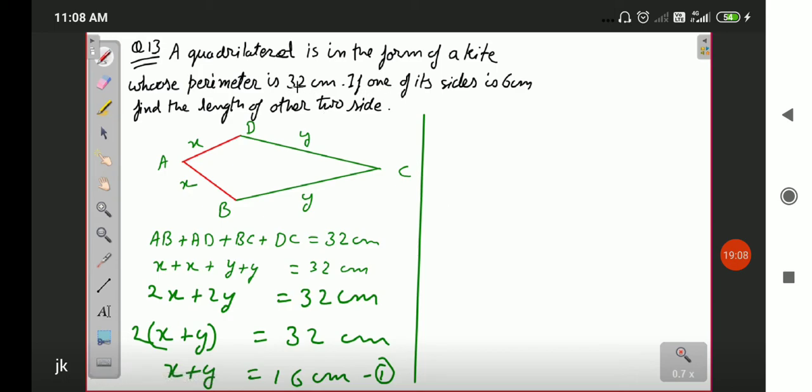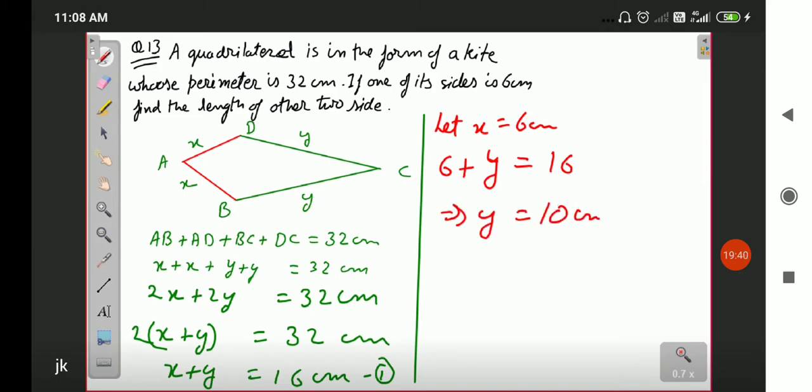Now moving on, reading further in the question: if one of its sides is 6 centimeter, find the length of the other two sides. We are given that one of its sides is 6 centimeter. Let X be 6 centimeter. Then we can find the value of Y. 6 plus Y is equal to 16, so Y is equal to 10 centimeter.